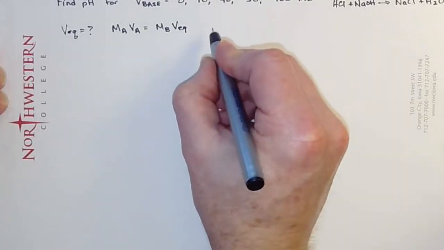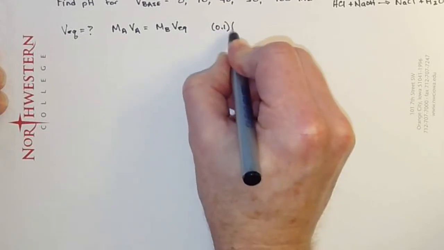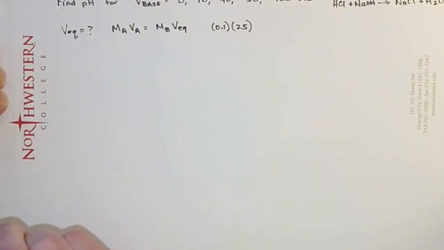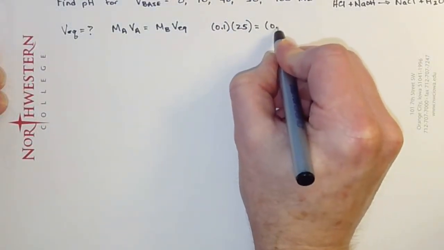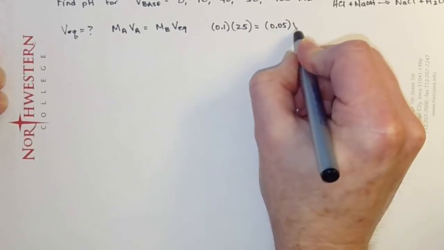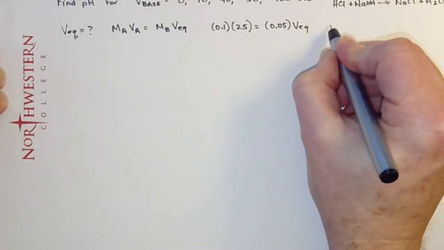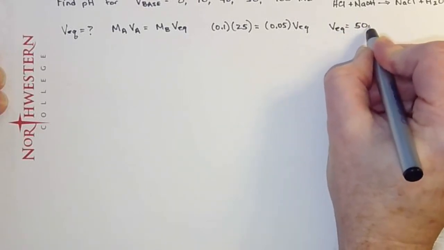So we can put in our numbers: 0.1 times 25, and let's just keep our volume in milliliters, has to equal 0.05 times VEQ. Solving, we get VEQ is equal to 50 milliliters.